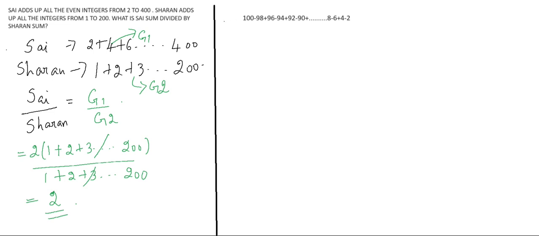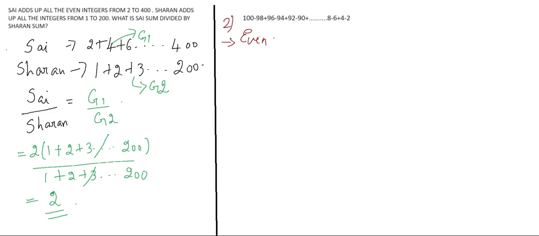I hope all of you understood this. Now let's move on to the second question. 100 minus 98 plus 96 minus 94 plus 92 minus 90, and it goes till 4 minus 2. When you keenly look at these numbers, they are all even numbers. That's the first idea we get.